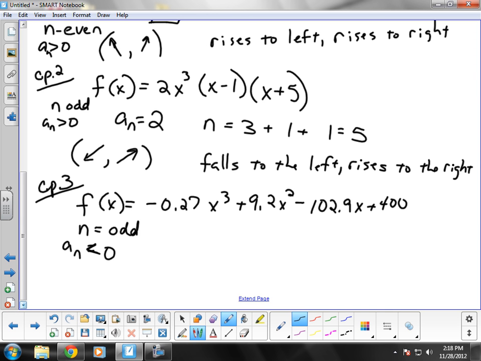So you look back at your little chart that I gave you, and you'll see that that means that it rises to the left, falls to the right.